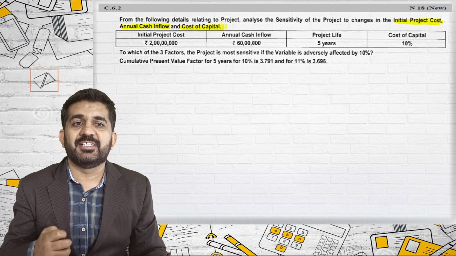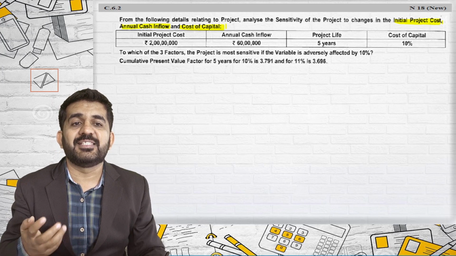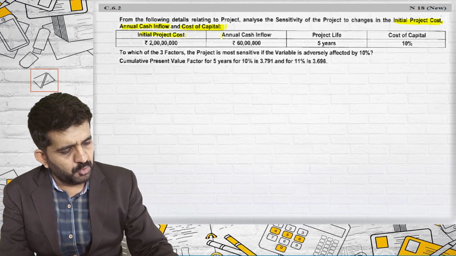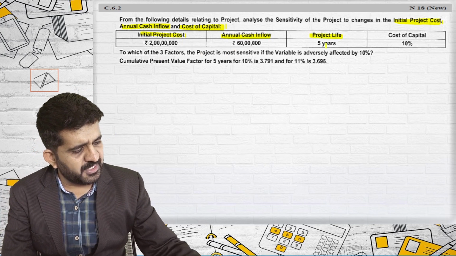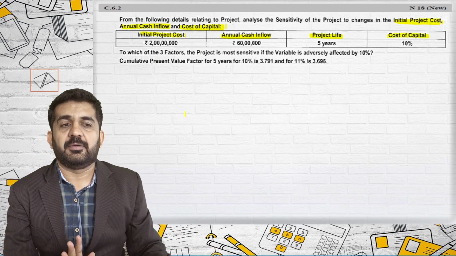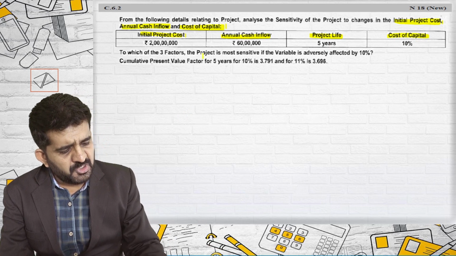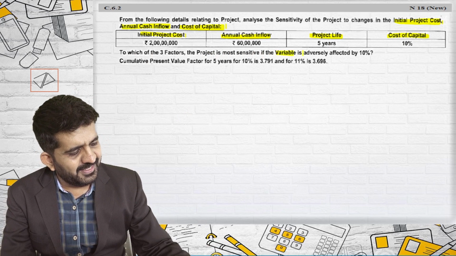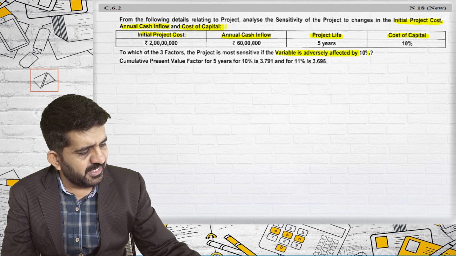So you will have to consider these three factors for sensitivity analysis. Initial project cost is so and so, annual cash flow is 60 lakhs, project life is 5 years, and cost of capital is 10%. To which of the factors is the project most sensitive if the variable is adversely affected by 10%.